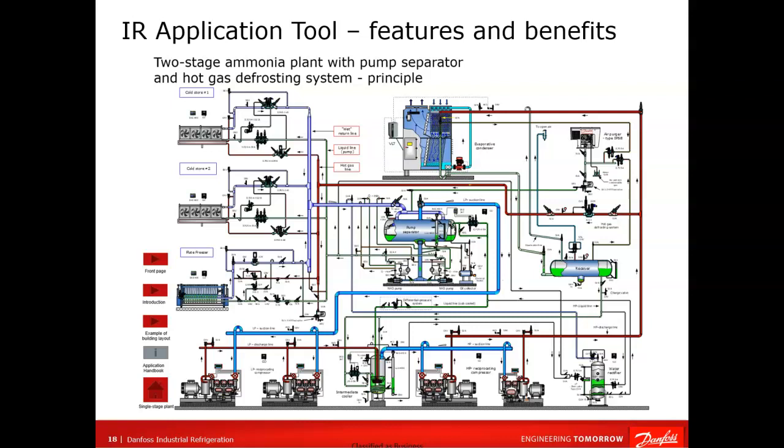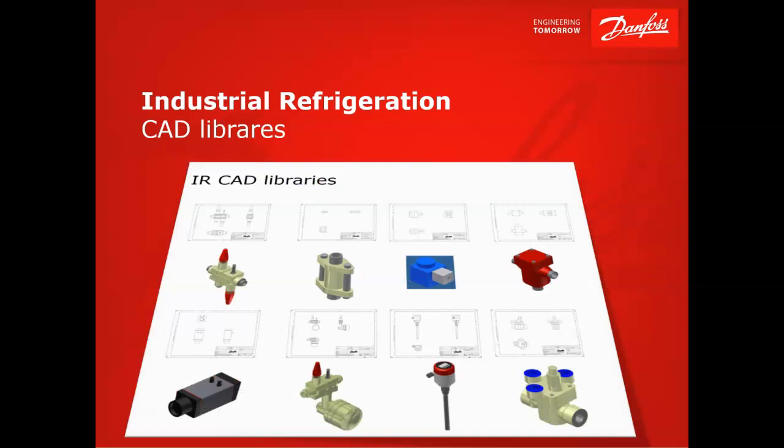If you are training others in industrial refrigeration, this tool might also be a very good illustrative tool for you to use in your presentations and training. And the last support tool I'd like to mention to you. 3D CAD symbols are available for free download from our website to make designing of industrial refrigeration plants easier.